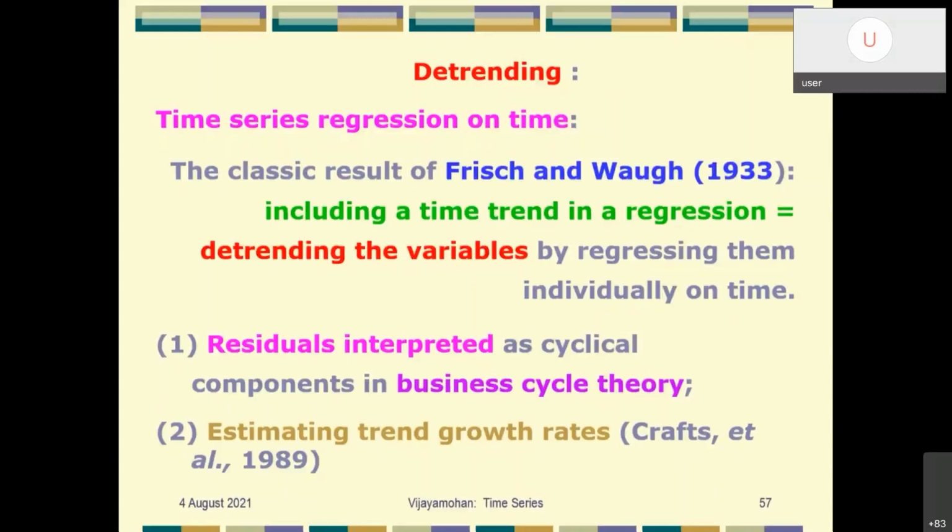Sir, is it the price index or something like that? Of course, the price index. Either we use the price index or we use the inflation rate as such. Good idea.